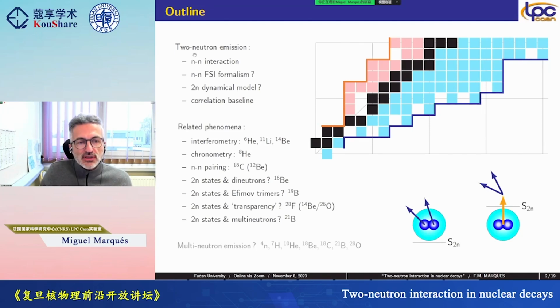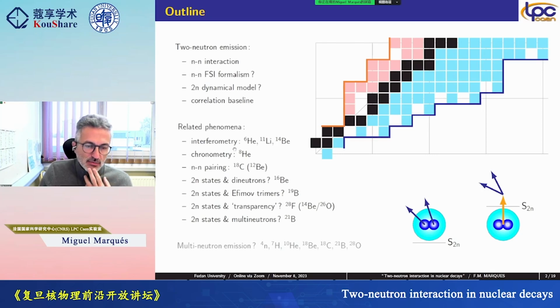So the two-neutron interaction is something important, but what is important for us is the connection of this interaction with physical phenomena. And I will try to go through some examples of physical phenomena that are quite diverse, as you can see here.